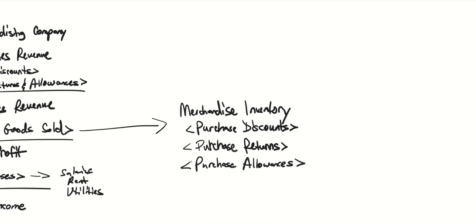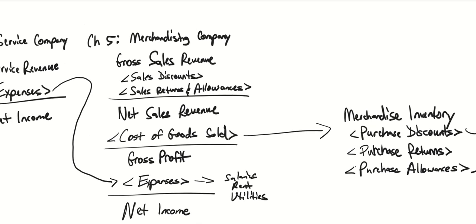Now, these accounts here, as the buyer, don't exist as separate accounts, like the sales discounts and sales returns and allowances accounts do. Okay, these two accounts exist as actual accounts because these are contra revenue accounts.